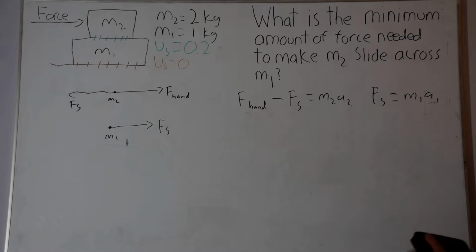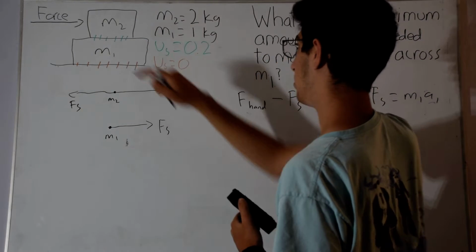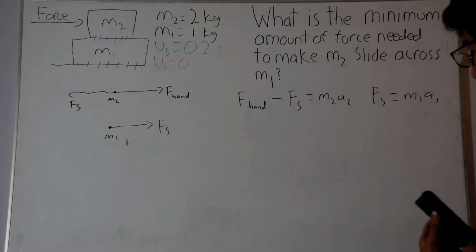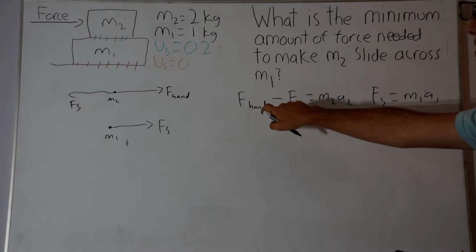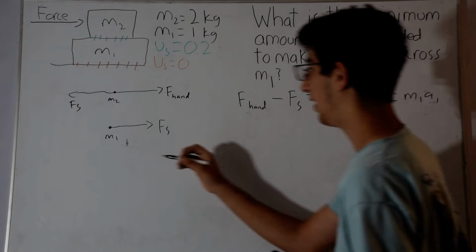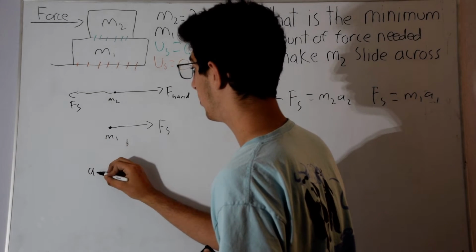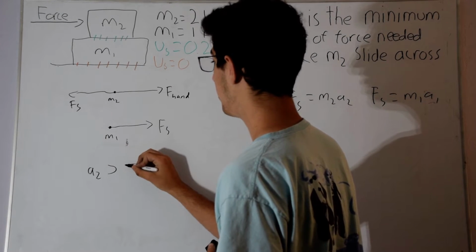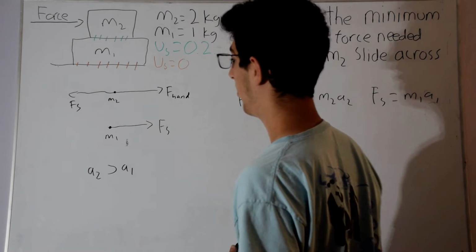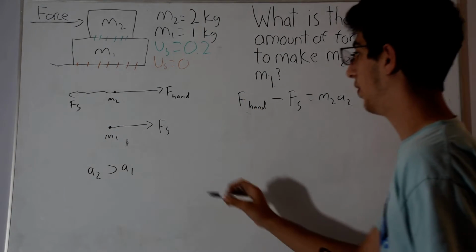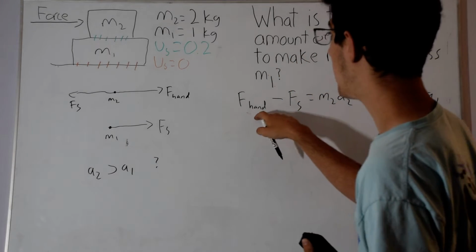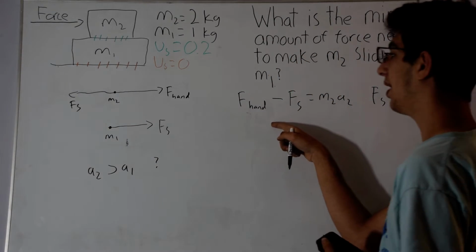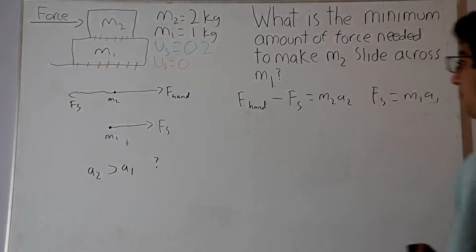Which means that it must have a bigger acceleration than the bottom block. So we can say, for what force of our hand is the acceleration of the top block going to be greater than the acceleration of the bottom block? When is this true? What's the minimum amount of force that we need to apply so that this is true?